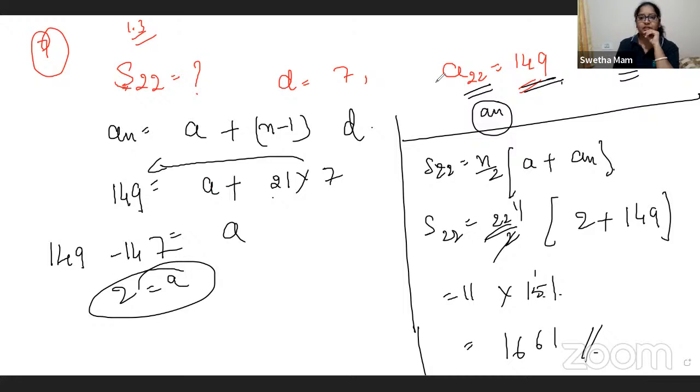See here, for example, if you are transposing 22 from the left hand side, it comes to the denominator.